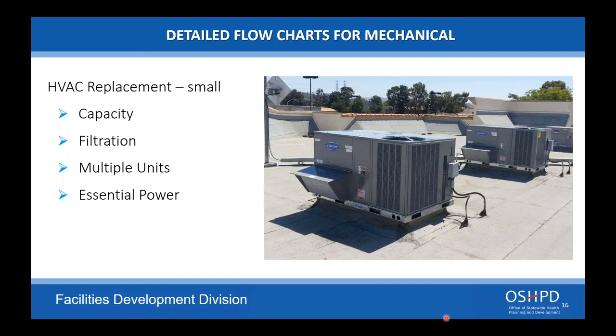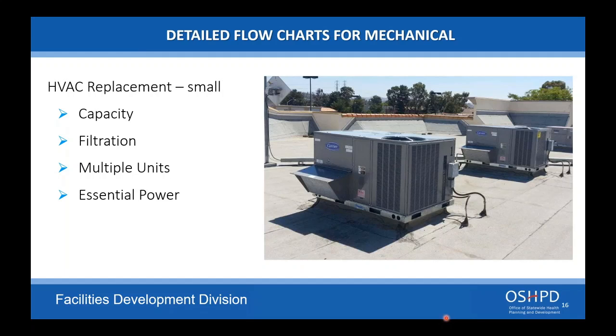They say, well, what if we have 40 units we want to do? Can we do that as simply? And the answer is basically yes. There are going to be 40 units, so we're going to want to see what they serve. What we're looking for is any dietary or subacute that has been added to the facility recently or in the last few years that may have different requirements for those existing units that may not have triggered when that unit was put on originally.